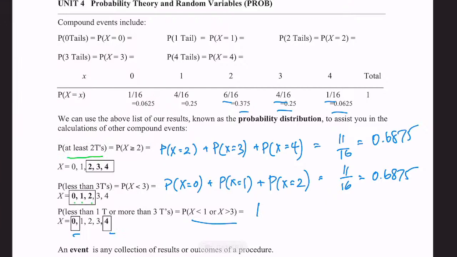So this is probability X equals 0 plus probability X equals 4. So always reference the sample space when you do these problems, and that's what I did here. And I plucked out what I needed. So that will be 2/16.